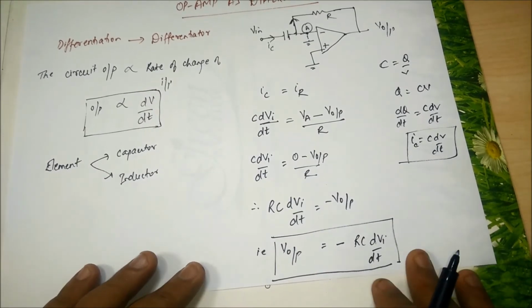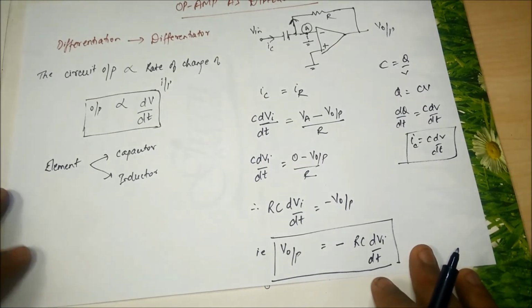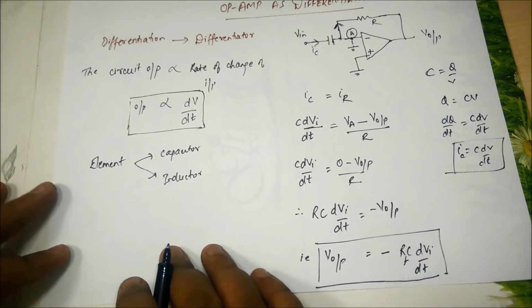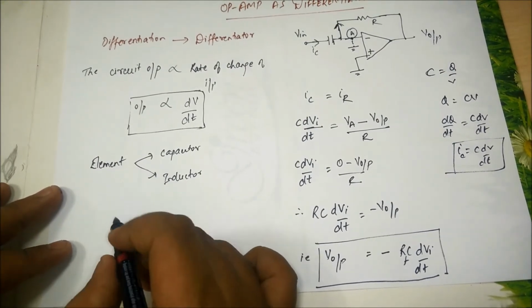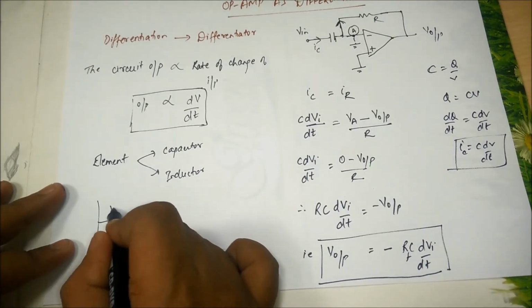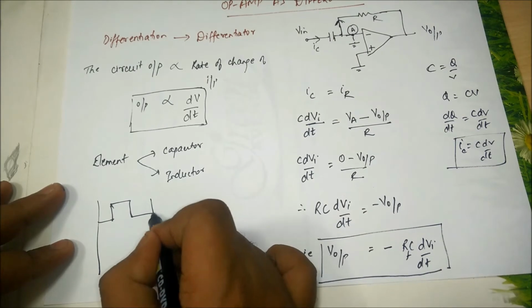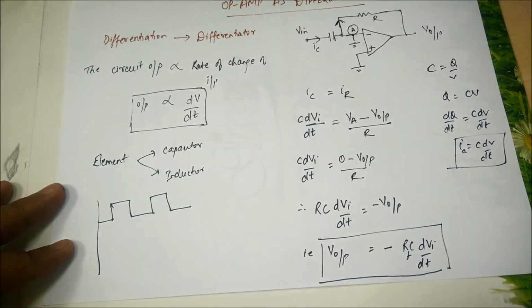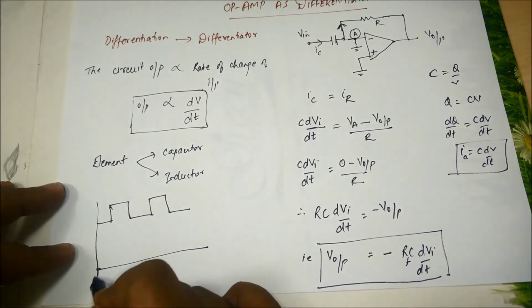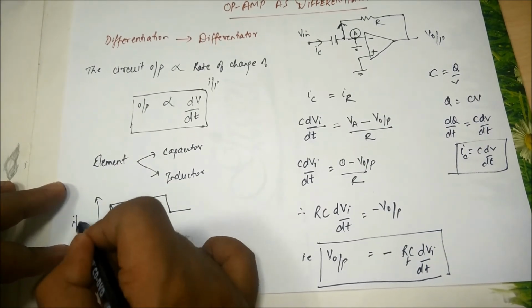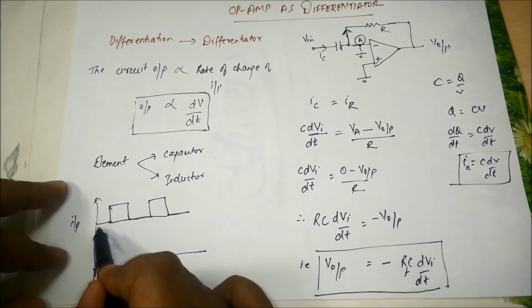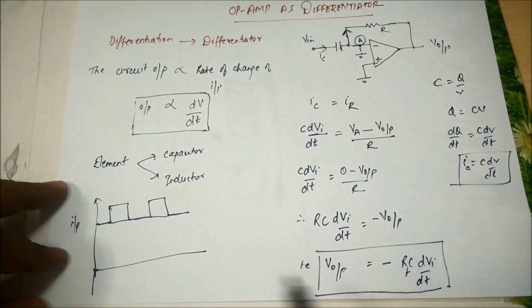How does it reflect? It will reflect like this. Let's say this is a square waveform. Now what will happen? If I apply this square waveform at the differentiator input, so long as the input is 0, my output will be 0.